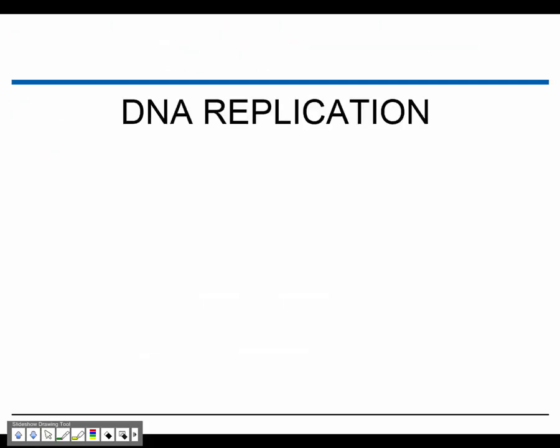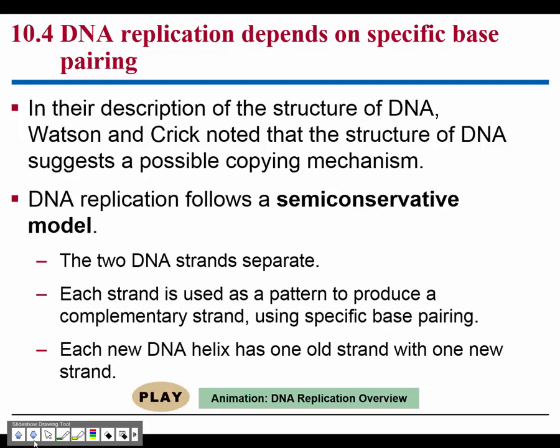So replication, how do we read that recipe book? Right, we got our chocolate chip cookie recipe. How do we translate it? What the heck is 1 tablespoon? That kind of thing. So when they described the DNA, Watson and Crick showed that from the structure of DNA, there was a possible copying mechanism.